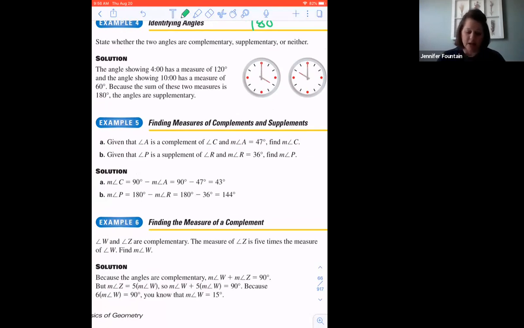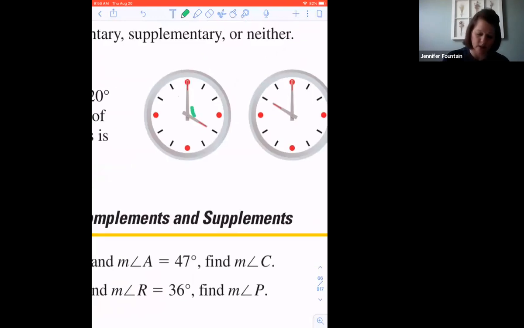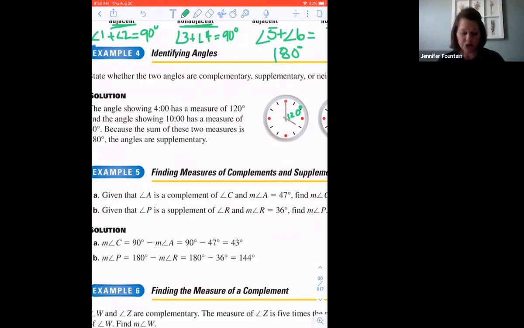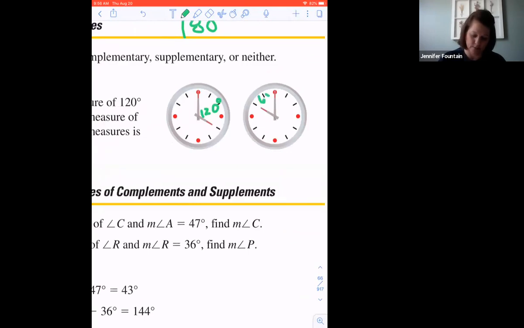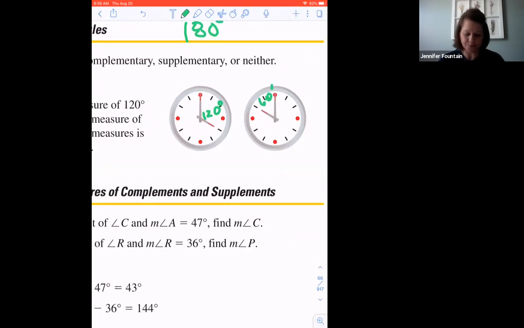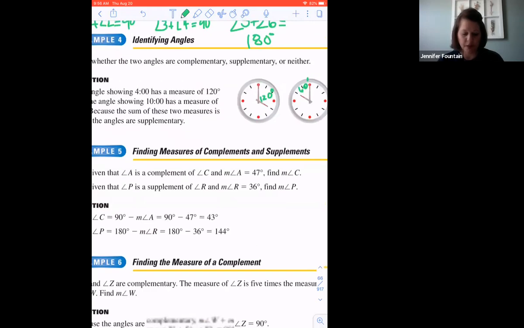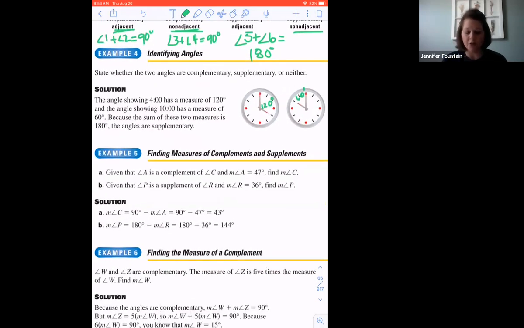Letter A says the angle showing 4 o'clock has a measure of 120 degrees, and the angle showing 10 o'clock has a measure of 60 degrees. Because the sum of these two measures is 180, 120 plus 60 equals 180, they are supplementary angles.